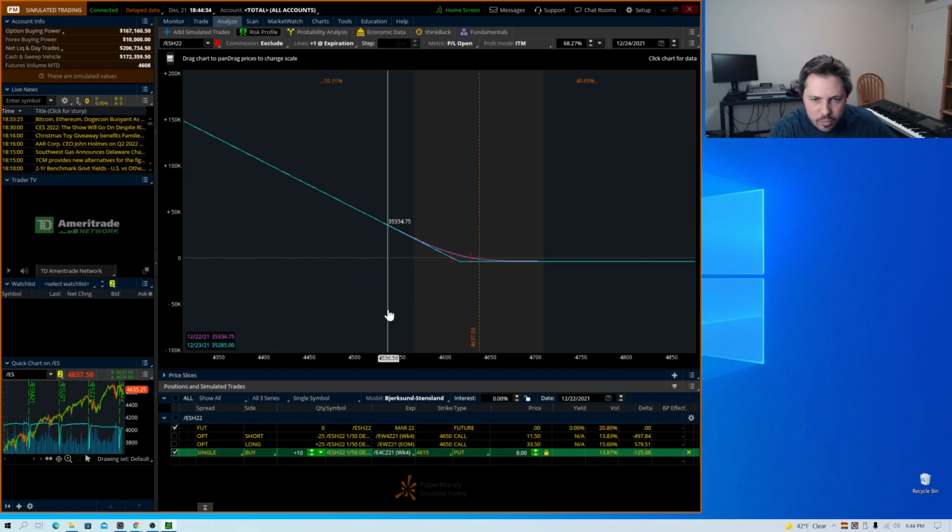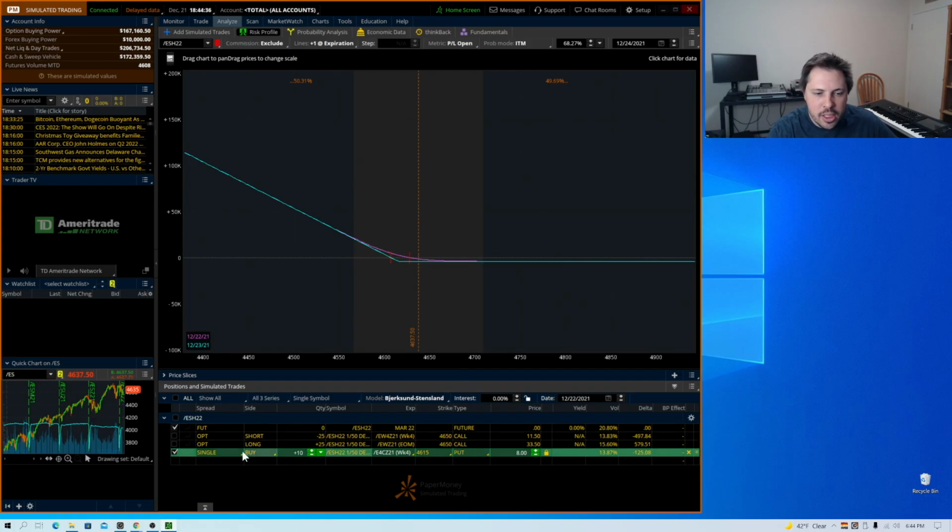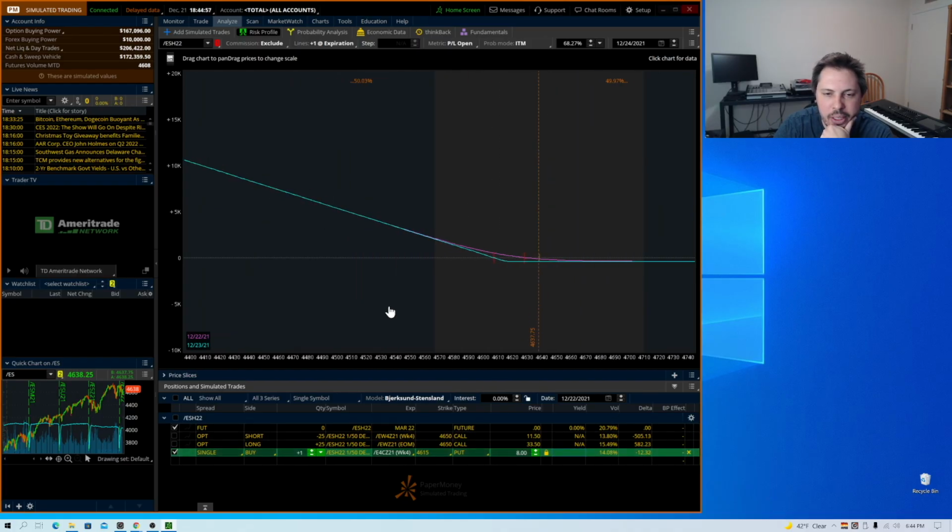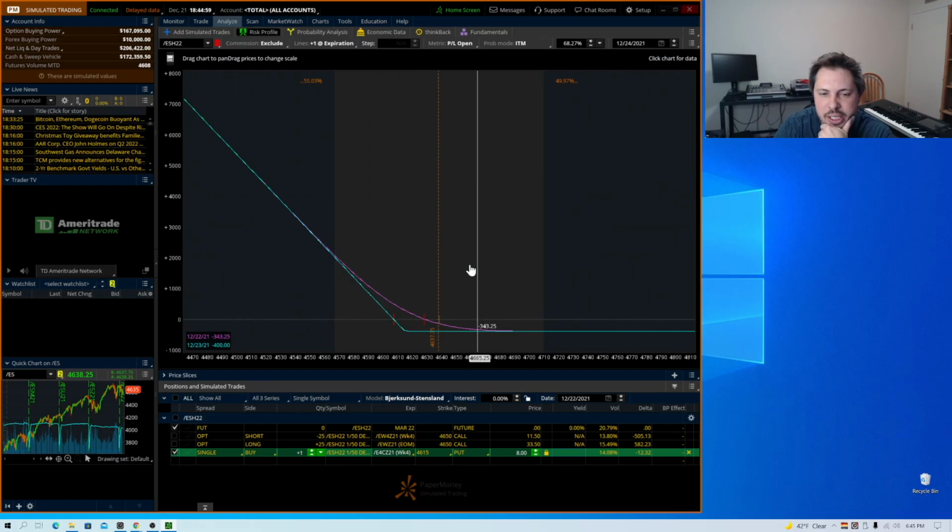So this is a single put option. It's at 46.15 is the strike, and here is the symbol, and here is the expiration, and it shows us the delta and the volatility. But what's great about this is it allows you to see visually what this looks like.